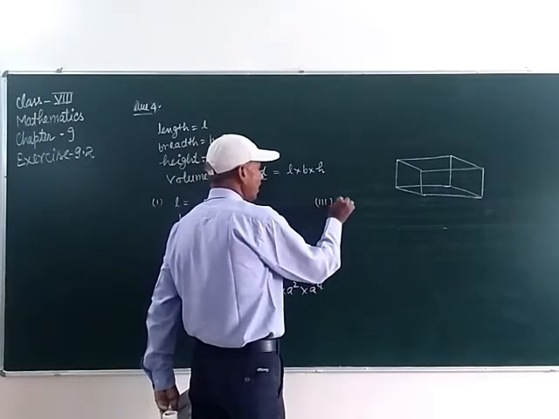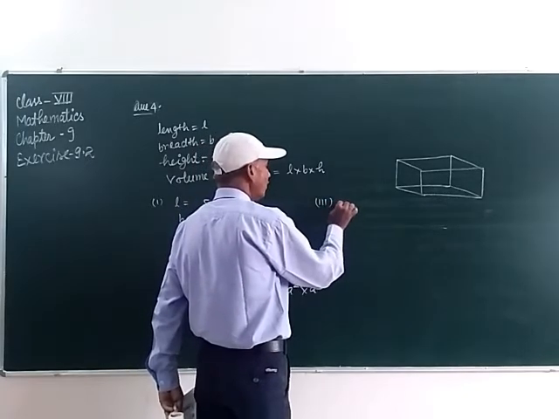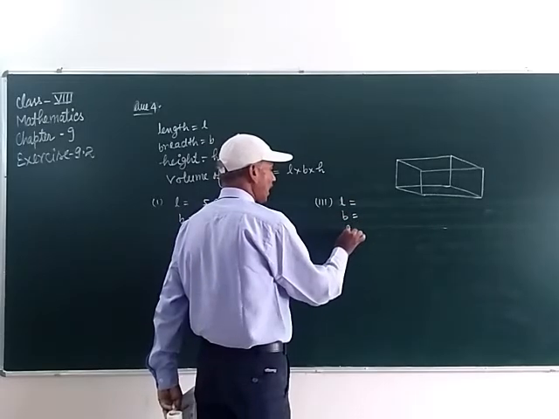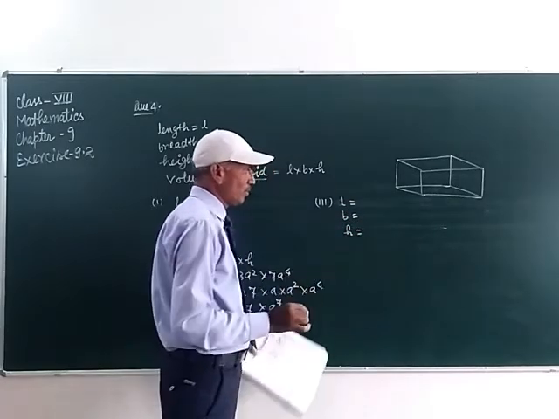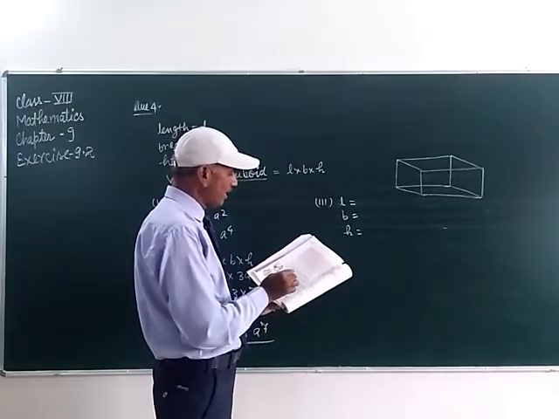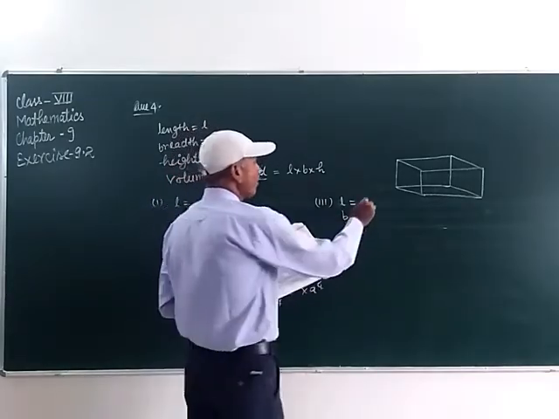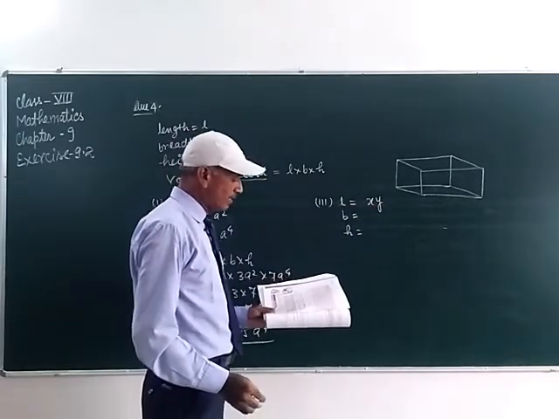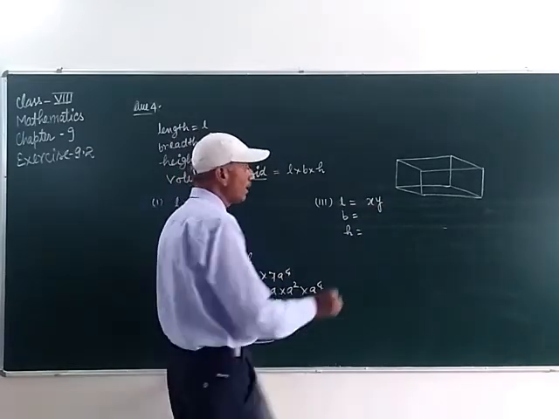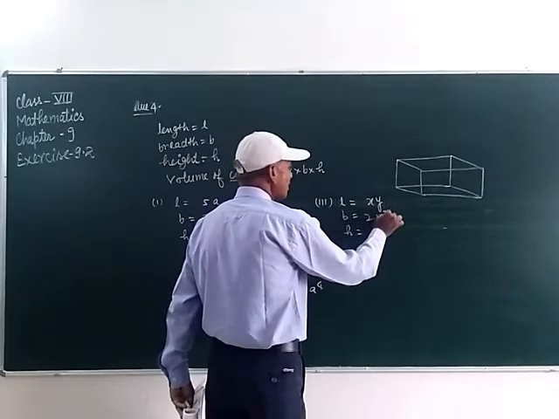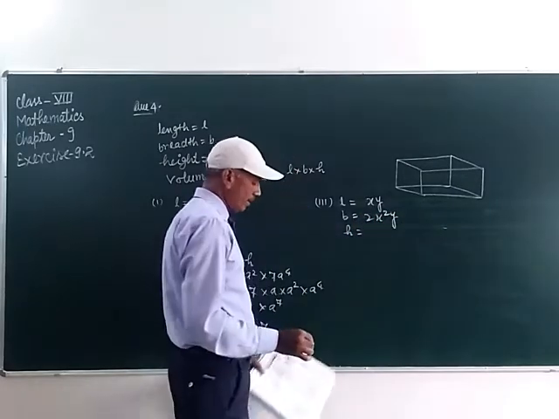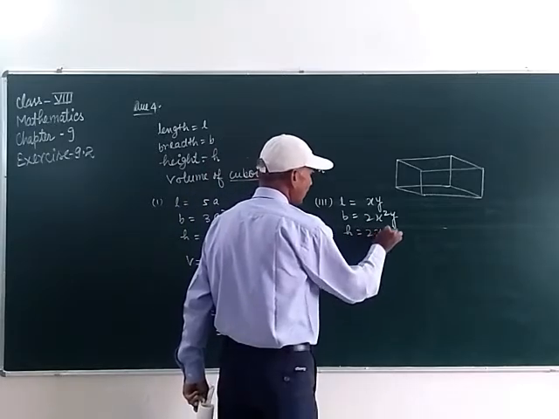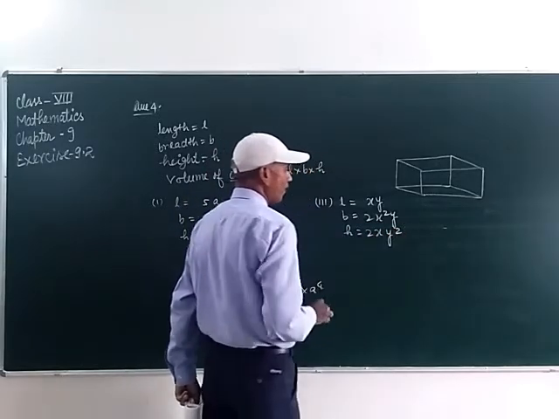In this third part, L is equal to length, it is given, width and height, all are given, student. So length, that is xy, width, that is 2x square y, and height, that is 2xy square.